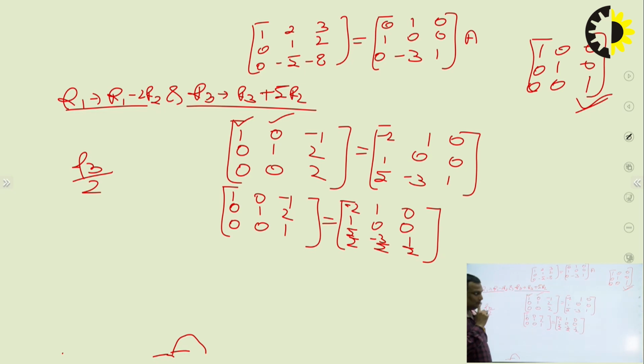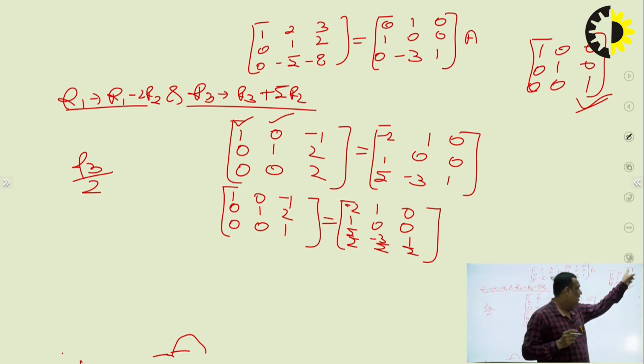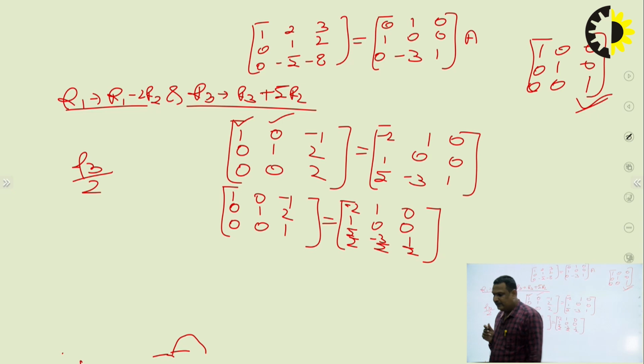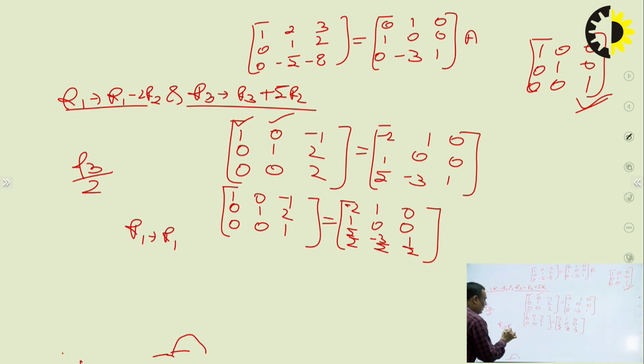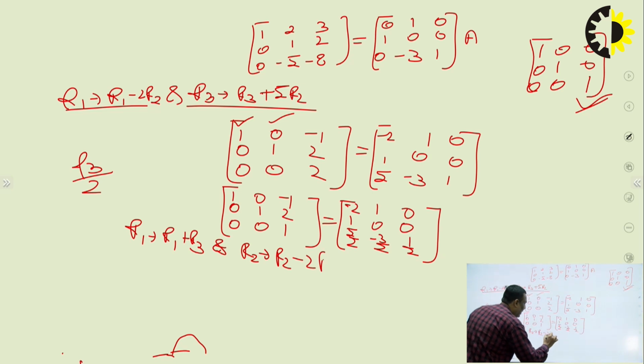Now for the last column, we have two entries, A13 in the first row and A23 in the second row, which will be 0. So what operation do we use? The operations will be R1 plus R3 and R2 minus 2R3.